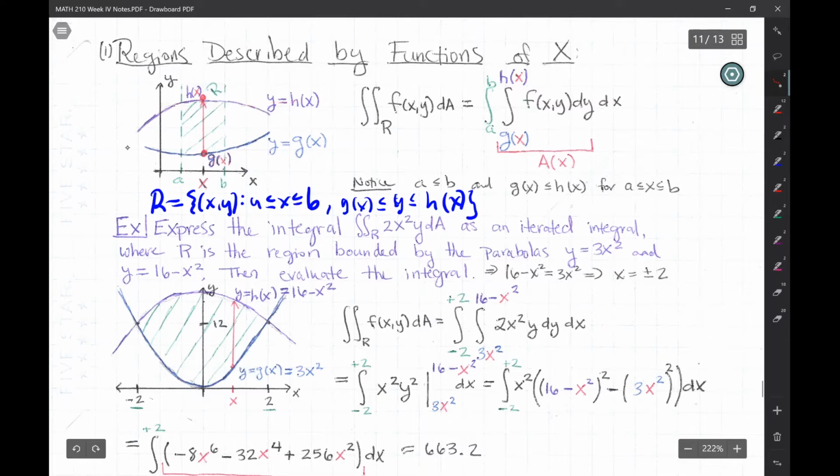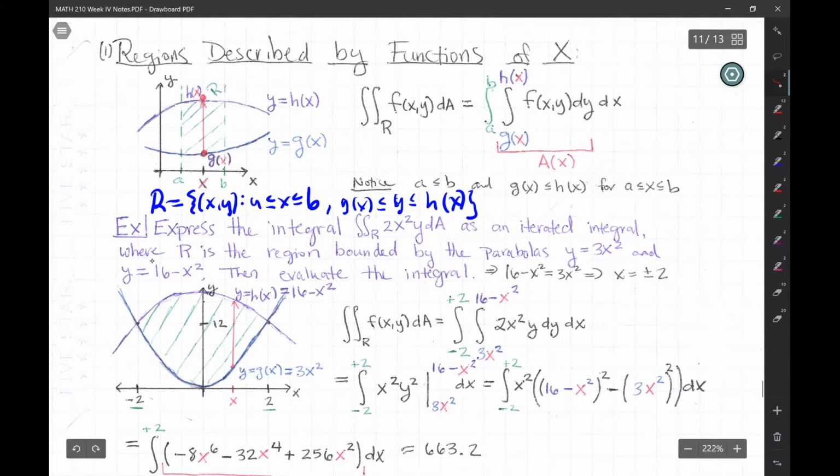What does that mean? It means that they can't be inverted, and so you can't describe this purple curve as x as a function of y. But you can describe that purple curve as y as a function of x, and likewise for the blue.